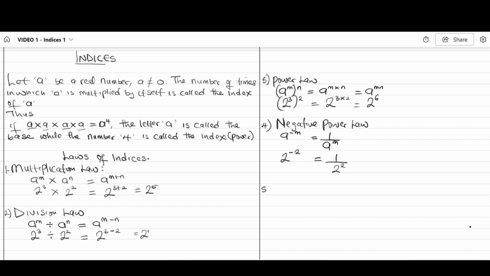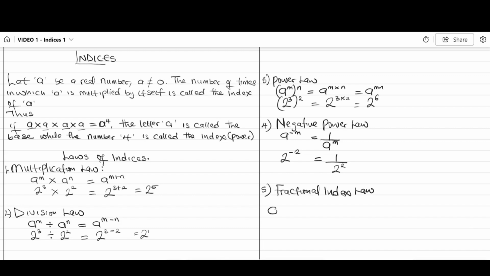Number 5 is the fractional index law. The law states that when a base is raised to a fractional power, the numerator represents the power and the denominator represents the root.